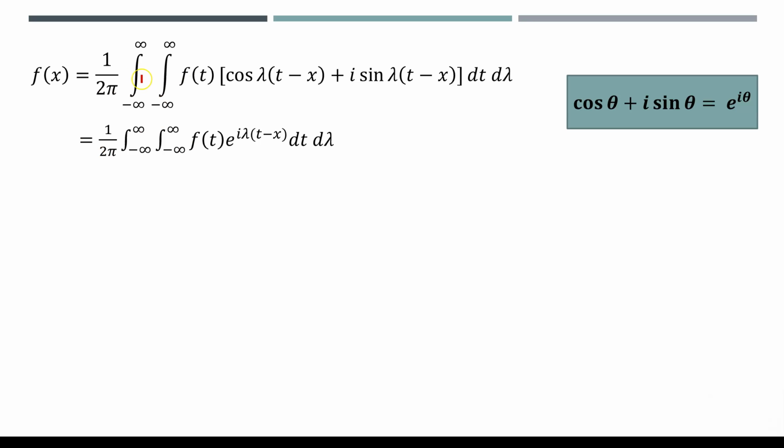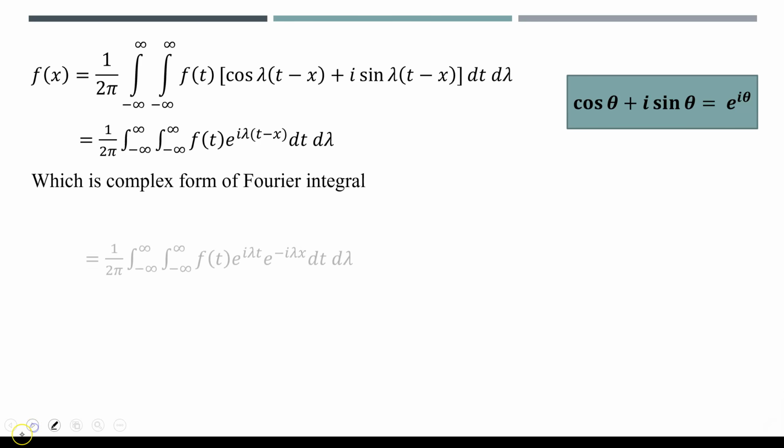All these terms are the same, no change. Instead of this cos plus I sine, we can write e power I lambda into t minus x dt d lambda according to Euler's formula. Now this is nothing but the complex form of the Fourier integral.